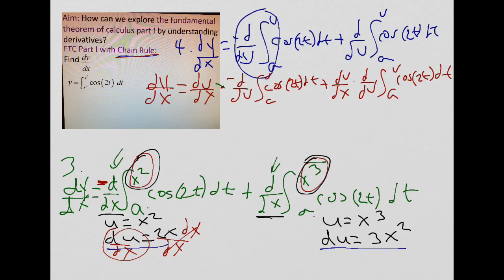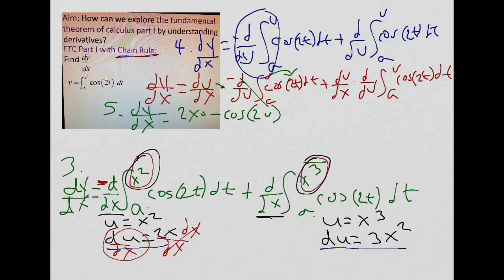So the next step is to plug in. Use the fundamental theorem of calculus. dy over dx is going to be 2x times a negative. Remember, this undoes each other. We're going to plug the u in. That's the fundamental theorem of calculus.